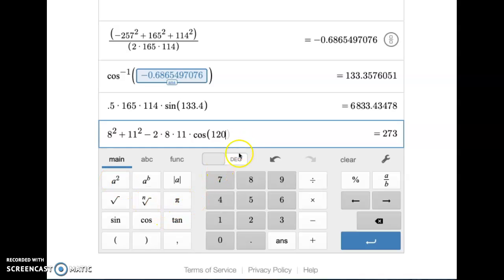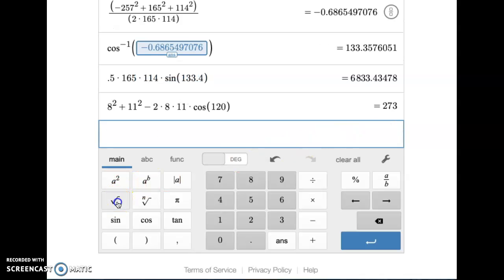I'm in degree mode, check that, and I get 273. Now that is really big. It could be correct. We are talking about space, but it doesn't really compare to my 8 and my 11 in the picture. So what I'm forgetting is I still need to take the square root of that. So square root of 273 is 16.5.